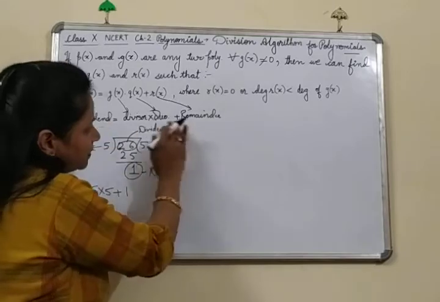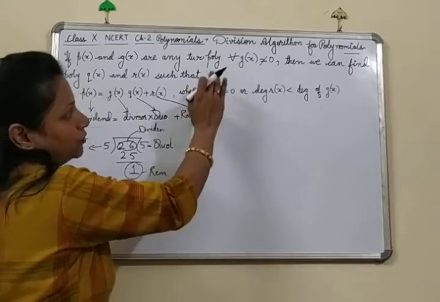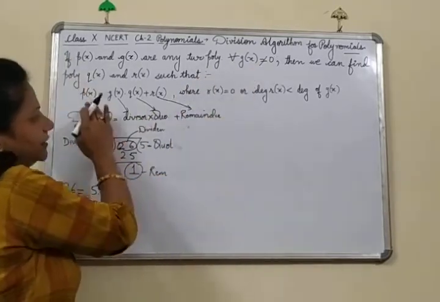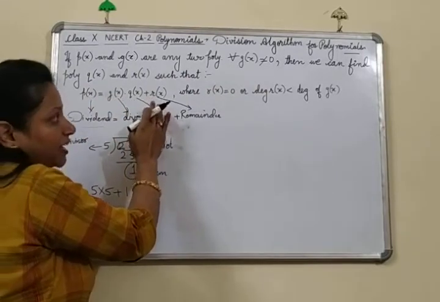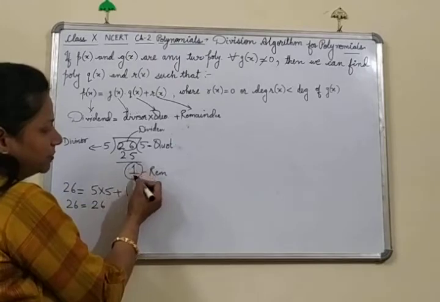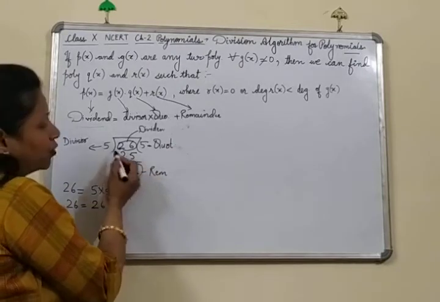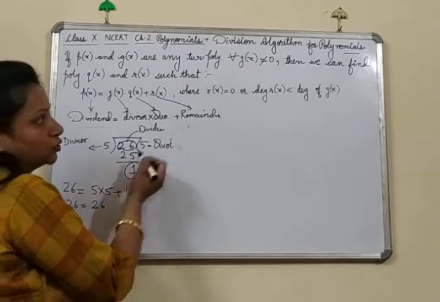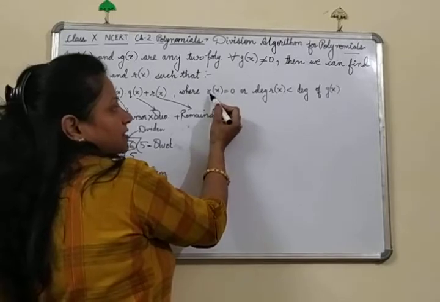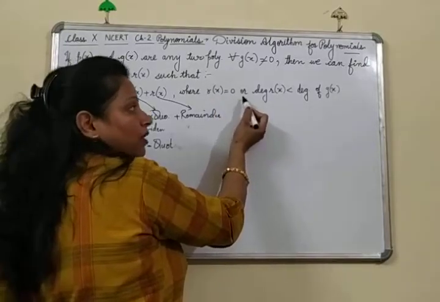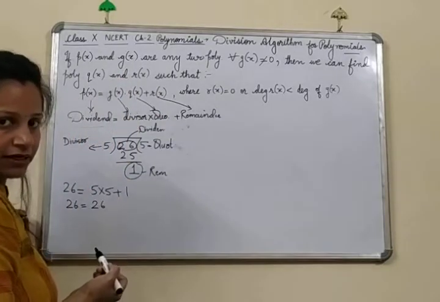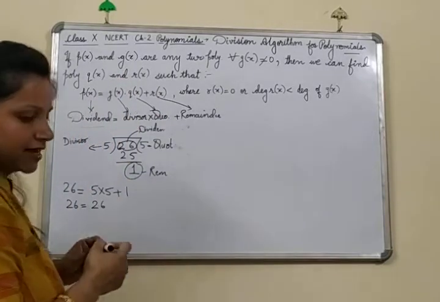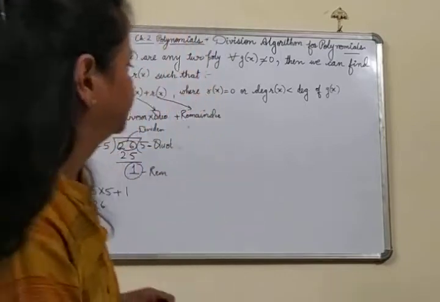But for the division algorithm for polynomials, we write p(x) is equal to g(x) into q(x) plus remainder. And here we see that this remainder is either 0 or it is less than the divisor. So, same way here we will write that r(x) either is 0 or degree of r(x) is less than degree of g(x). Clear? Now let us understand it with some examples.